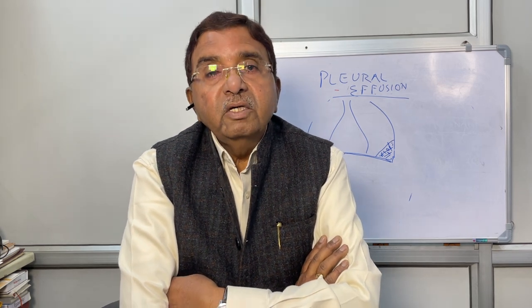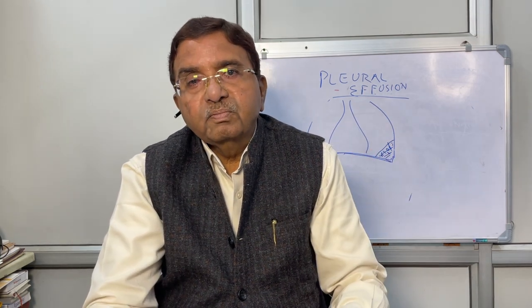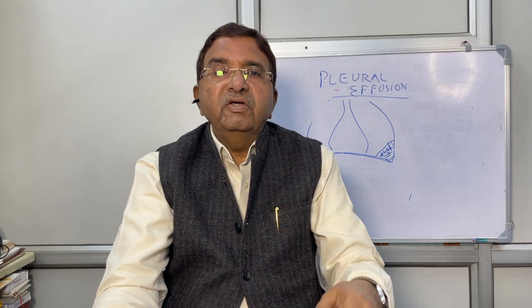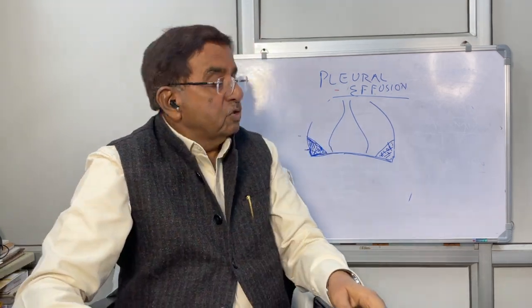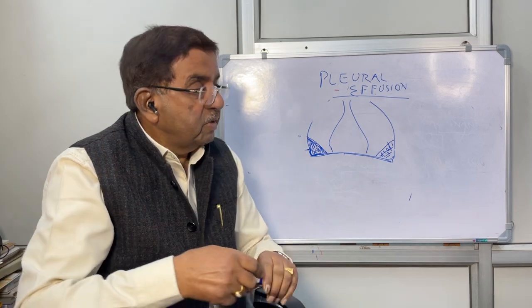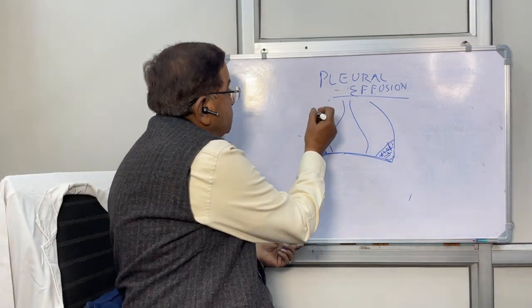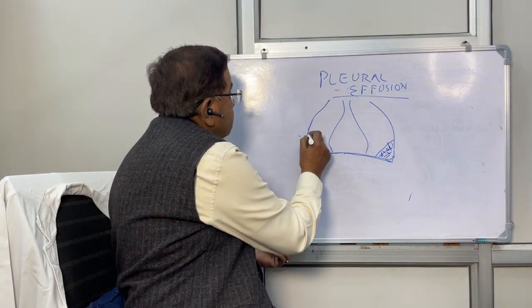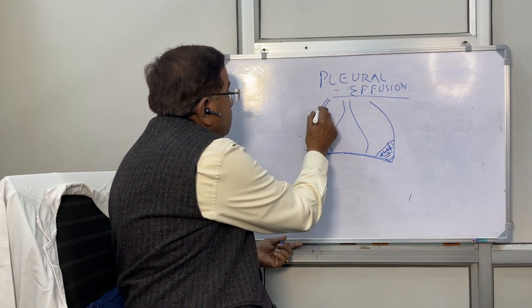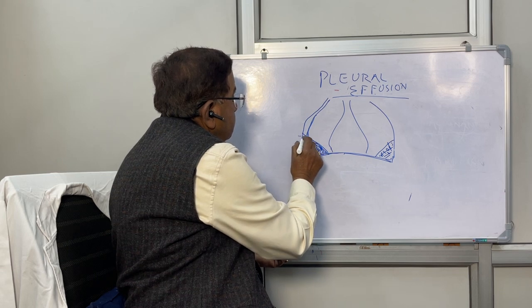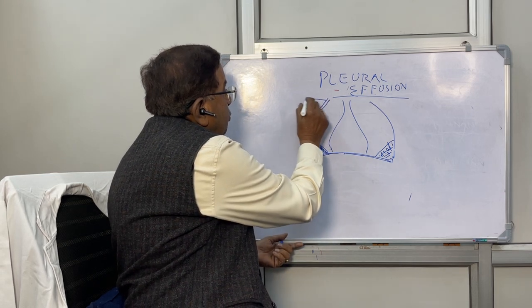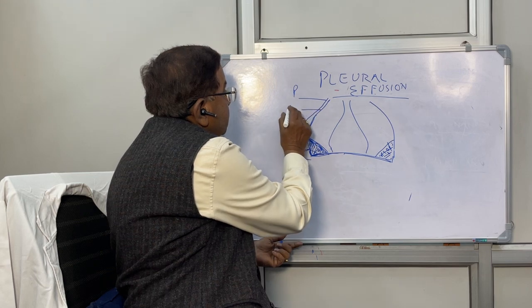So, coming to the topic, pleural effusion is the collection of fluid in the pleural cavity. The pleural cavity is the cavity formed by two layers of pleura, that is parietal and visceral. If you draw a diagram, the outer one is parietal, the inner one is visceral.